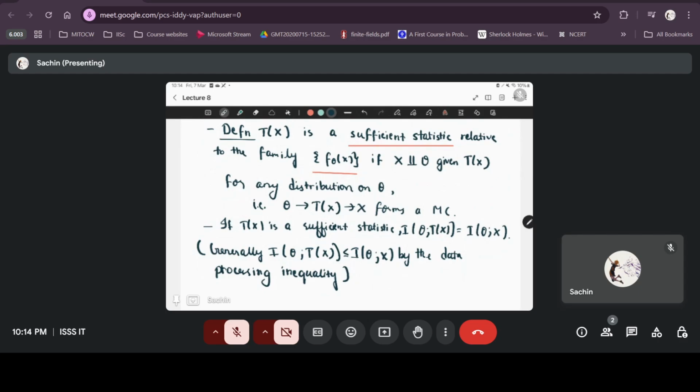That is, processing x into T of x does not give you more information. It can give you the same amount of information or lesser information. We say it is a sufficient statistic if it gives you the same amount of information as x. Only in that case you can discard x and keep only your T of x. Suppose T of x gave you less information than x, then by discarding x and keeping only T of x, you would be losing some amount of information.